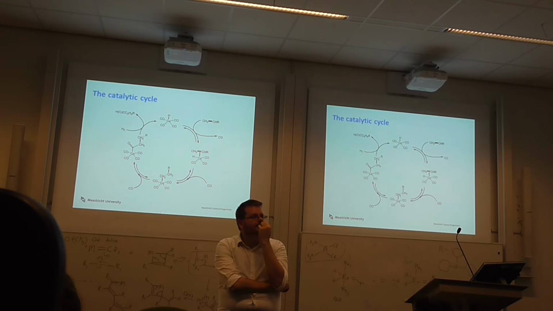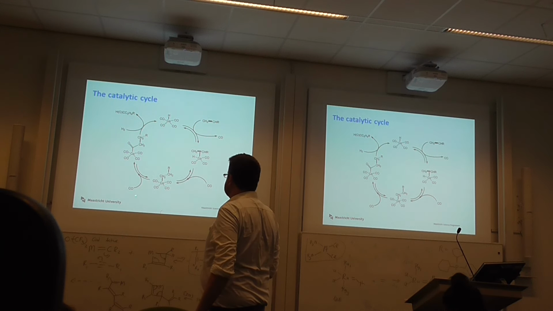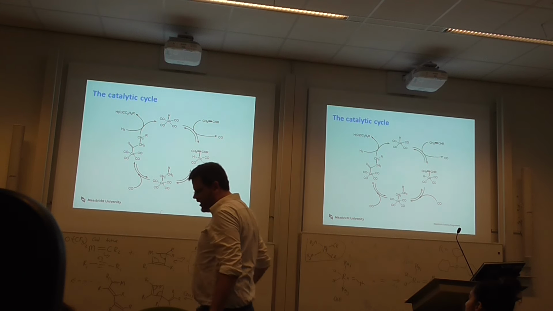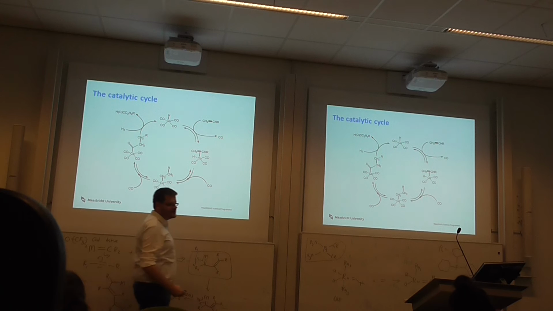What happens in the next step? Migratory insertion, right? This is a classic case where another CO goes on, check it out, and induces the migratory insertion of one of the CO groups already bound to the cobalt to generate the acyl group.